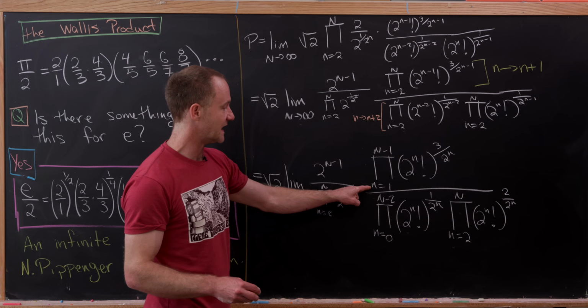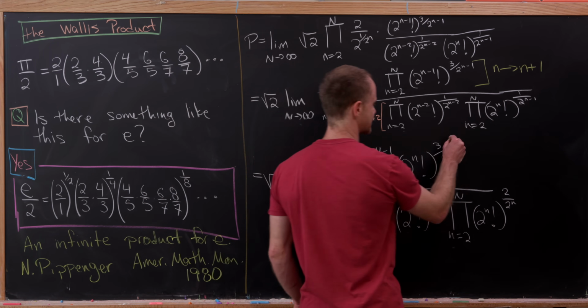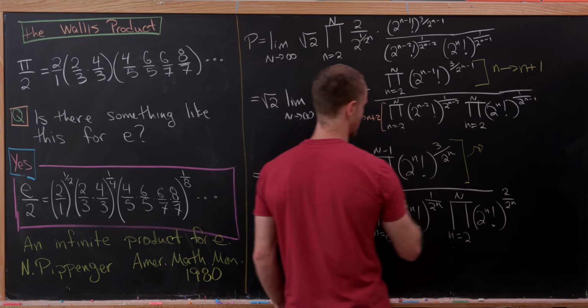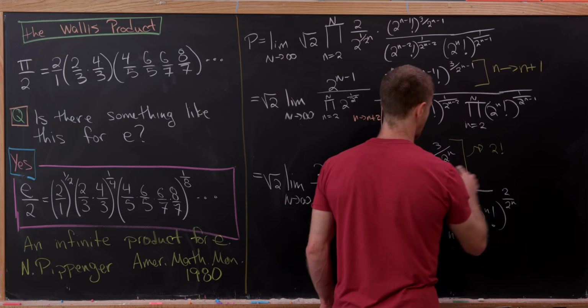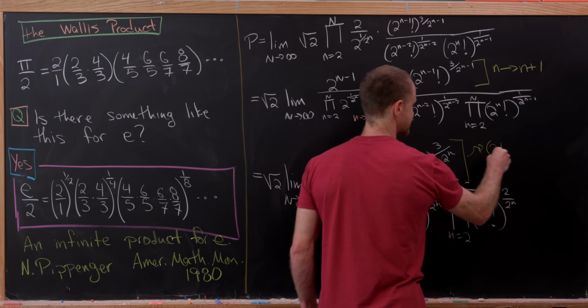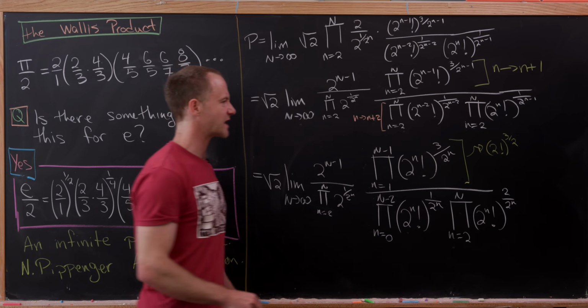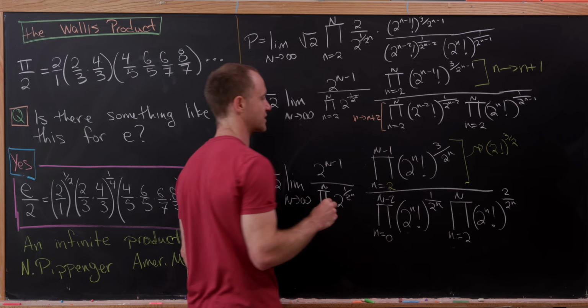So what does that mean survives here? Well, the n equals 1 term and the n equals capital N minus 1 term will survive. The n equals 1 term is 2 factorial raised to the power 3 over 2. We can pull that out and change this product so it starts at 2.